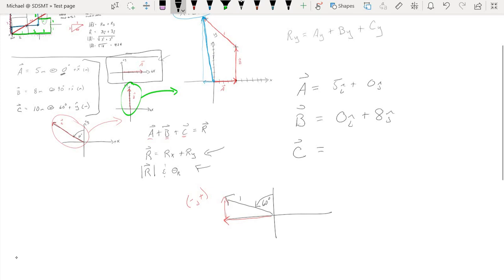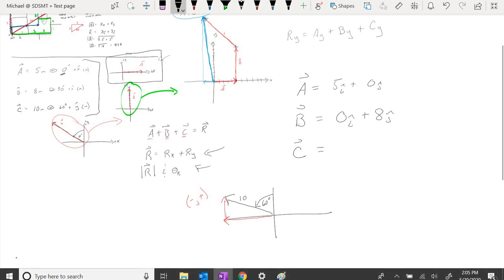We have a vector that is 10 meters long. It's 60 degrees from the y-axis, but that 60 degrees is not a part of that right triangle that I've just drawn. Not a problem. We also discussed this in the last chapter.